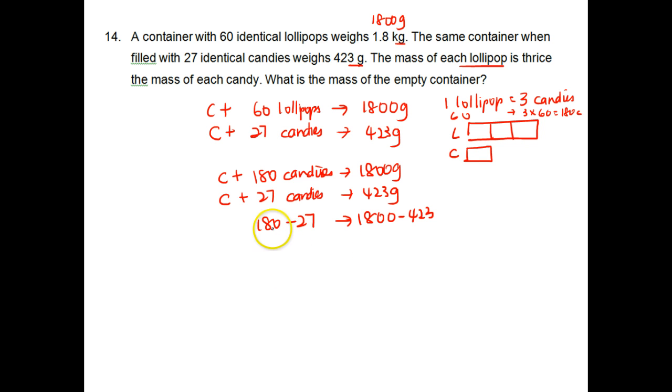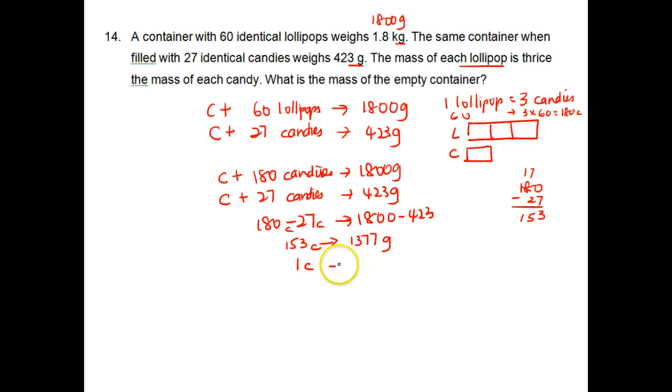So 180 minus 27 is 153 candies, and 1,800 minus 423 is 1,377 grams. 153 candies is 1,377 grams.